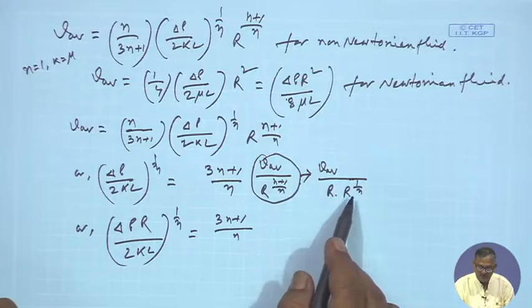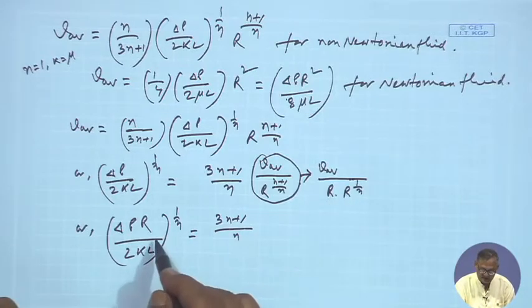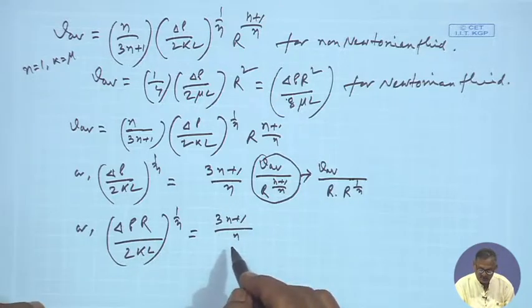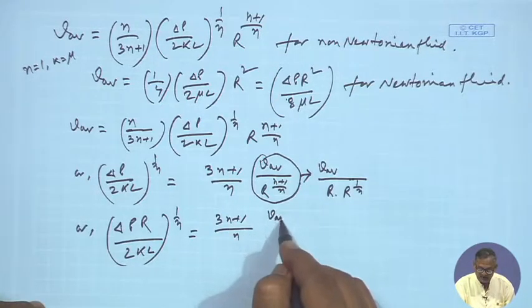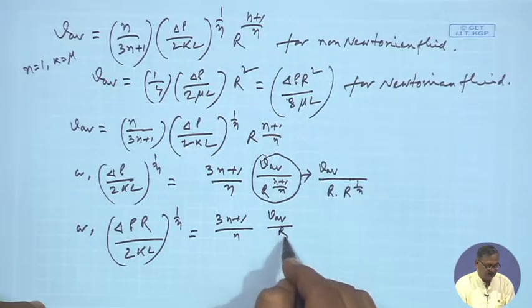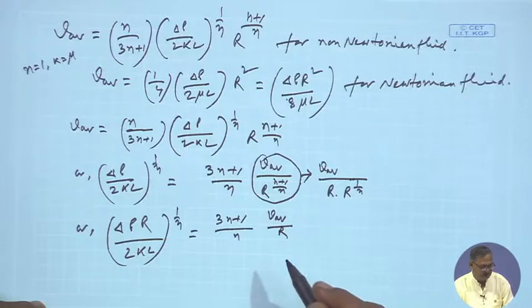When we have taken out this 1 by n here, the remaining is 3n plus 1 by n, V average by R, right. So, that becomes this.